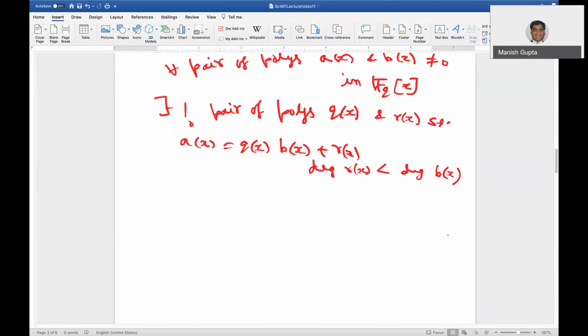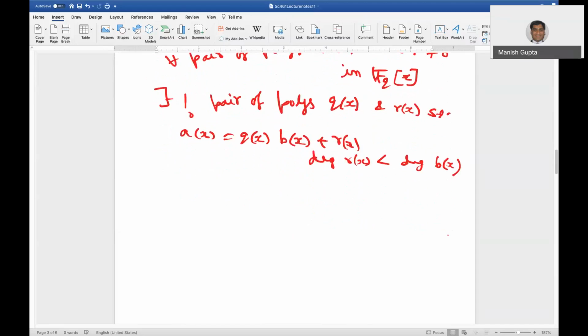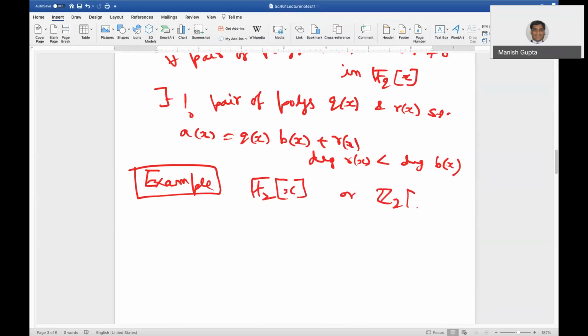Let me do a calculation for you in an example here. We are looking at F_2[x], or you can call it Z_2[x], whatever notation you like, same notations for the same thing. If we take the polynomial x square plus x plus 1 and divide it by x cube plus x plus 1, what are we going to get?